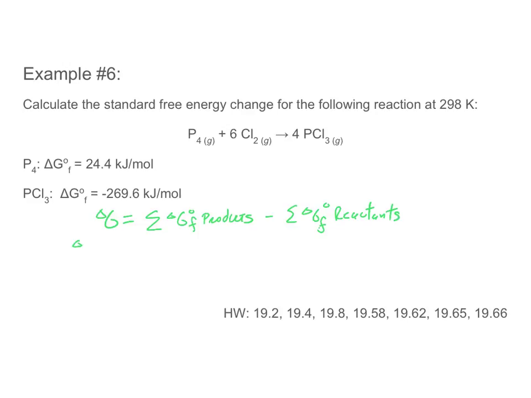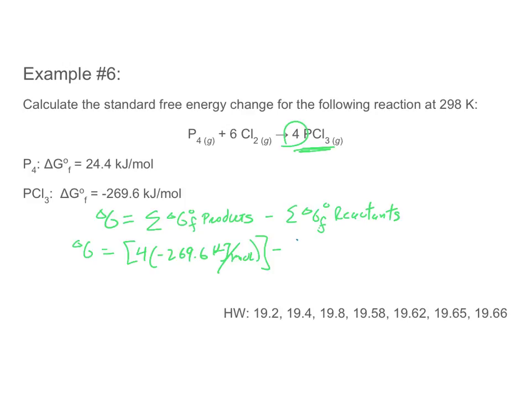And in this case, delta G is going to give me, for my products, since I'm looking at this part here, the sum. So it's going to be 4, because that's the coefficient, times the value that I was given of PCl3, which is negative 269.6 kilojoules per mole, minus the sum of my reactants.